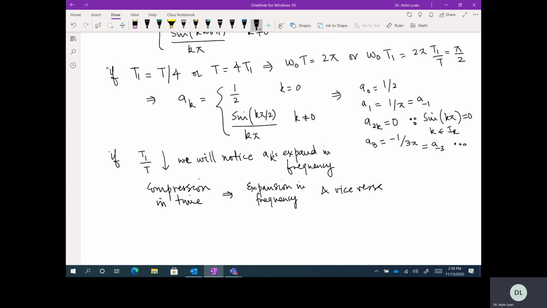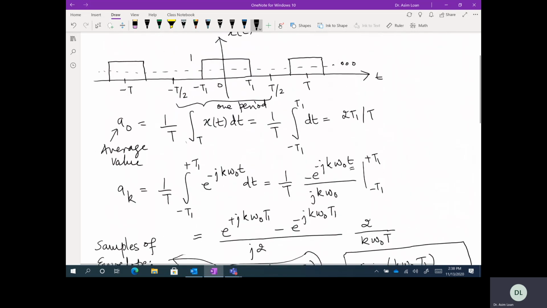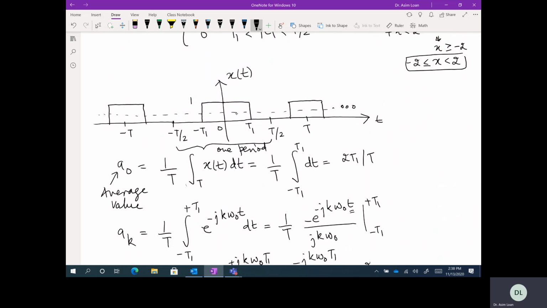Okay. And why is a2k 0? All even components are 0 because if you see here, there is hidden symmetry in this waveform. If I subtract the DC value, then this waveform actually comes down.